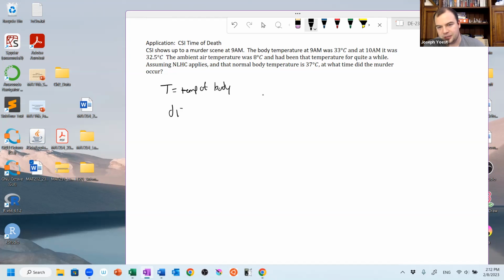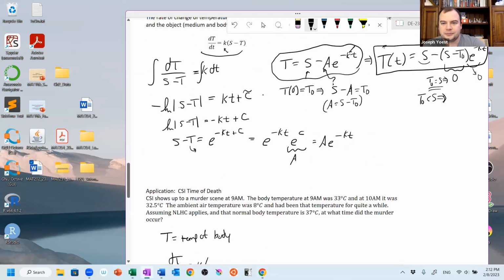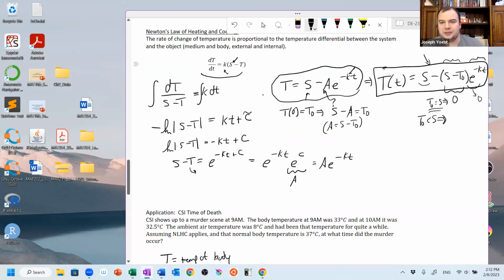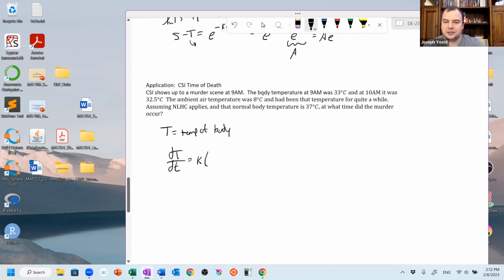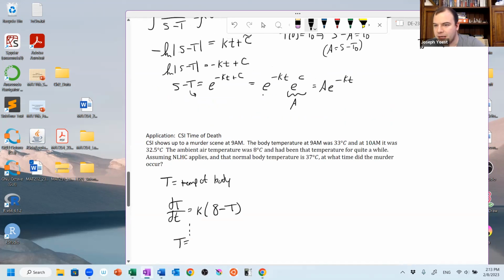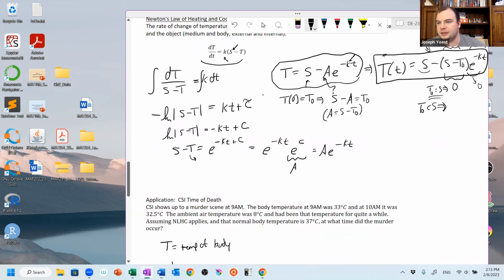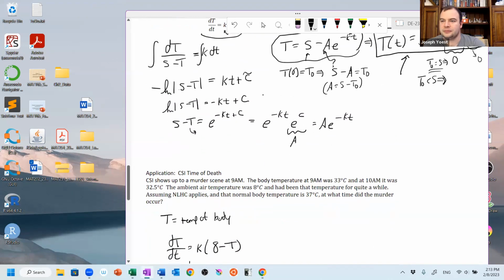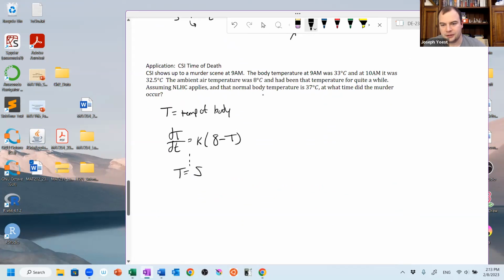And we have dT equals K times, and here the system temperature, the ambient air temperature, was 8 degrees, 8 minus T. And this tells us that T equals, up here, 8, I can draw 8.